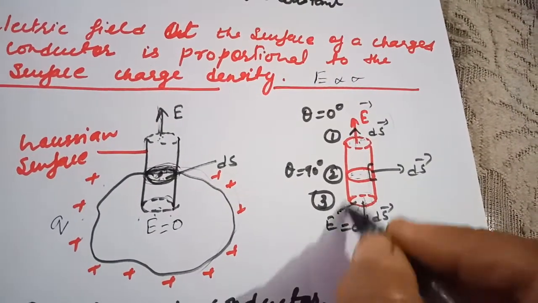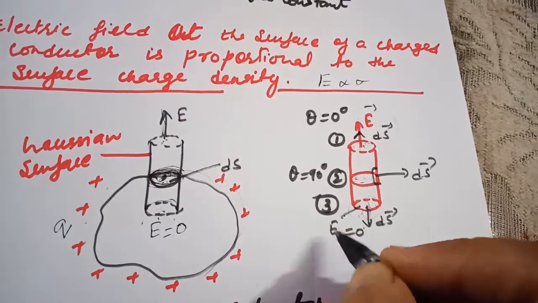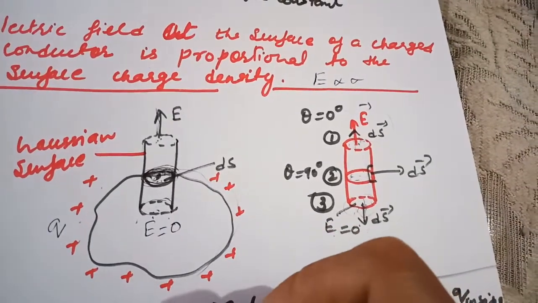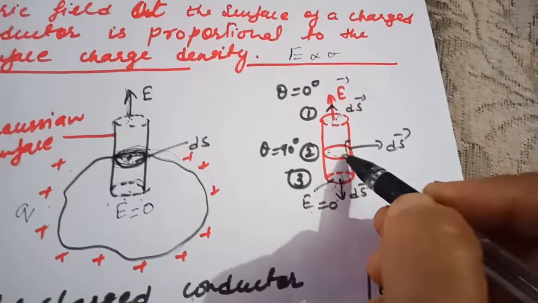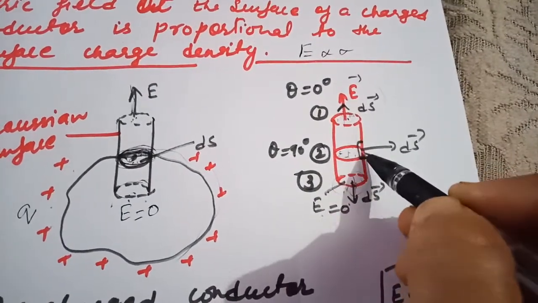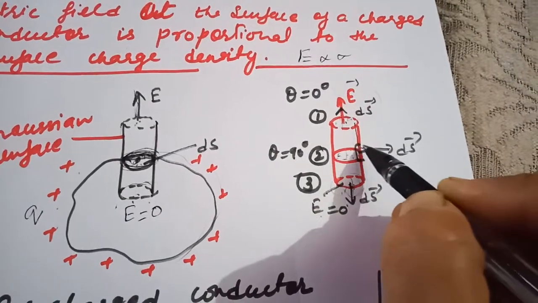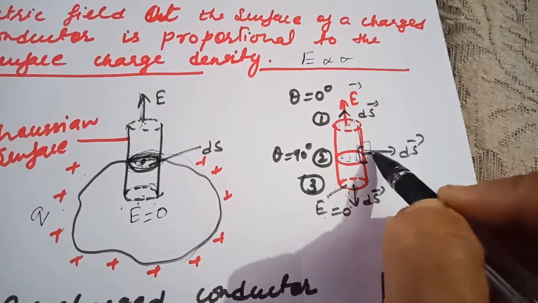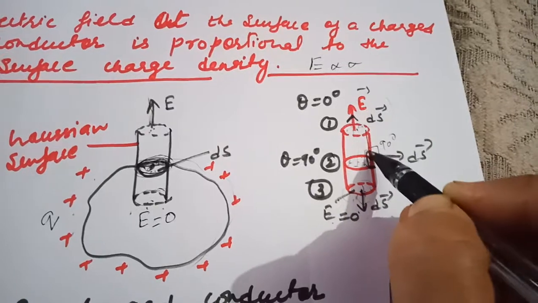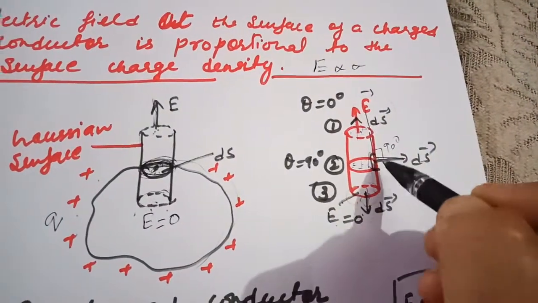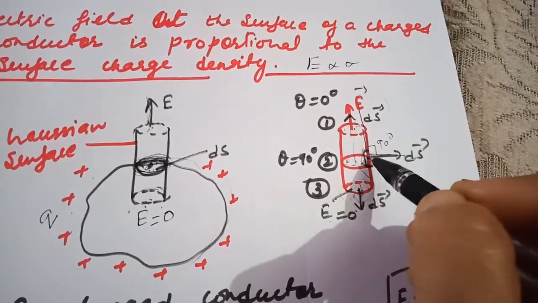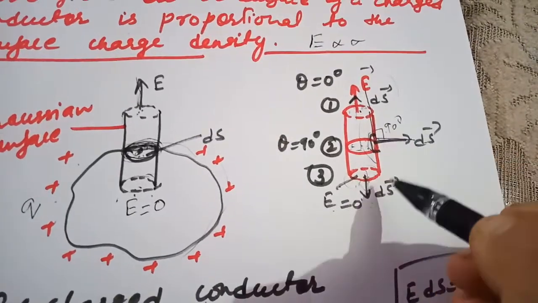So for this point the electric field is 0, and no charge is enclosed by this surface. And here the direction of the electric field is perpendicular to the surface, but the direction of the area vector for the curved surface is at a 90-degree angle, because the direction of the electric field is this, but the area vector for this curved surface makes a 90-degree angle.